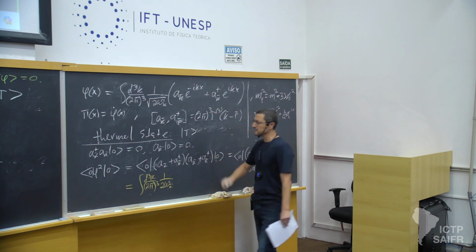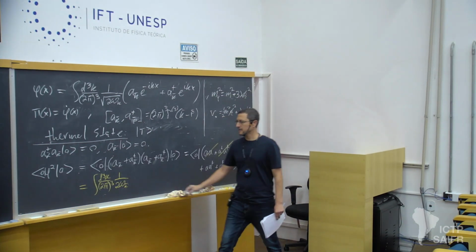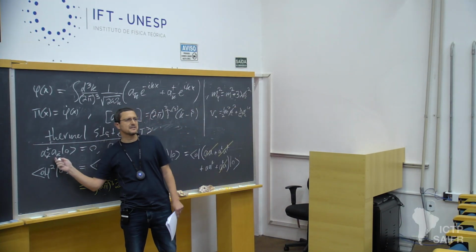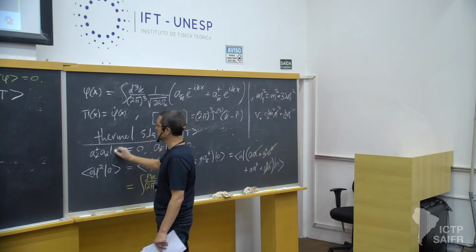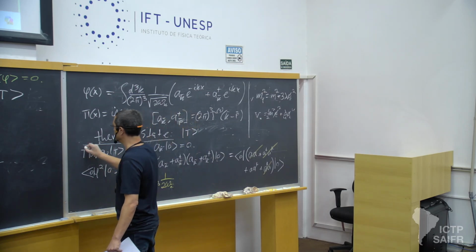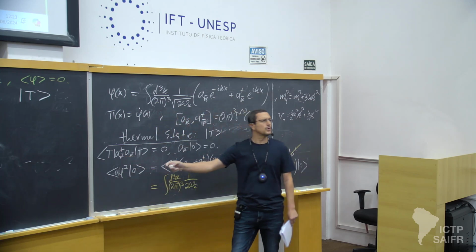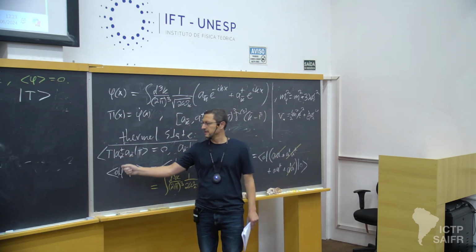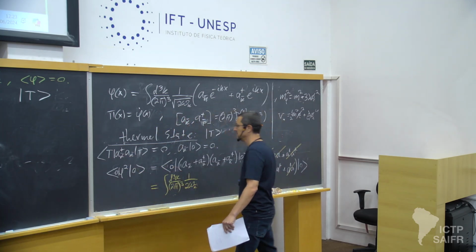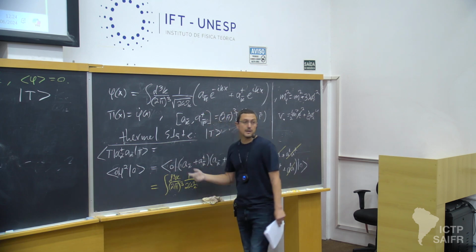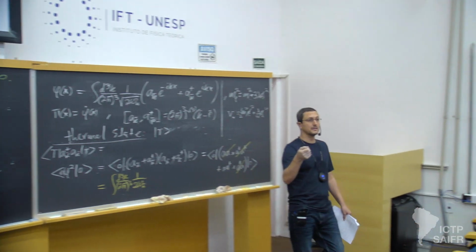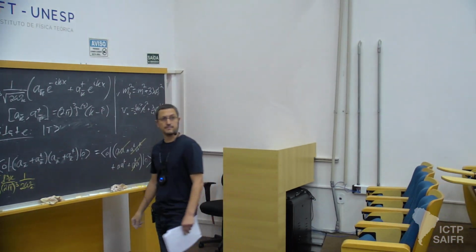What happens under the thermal state? Now, the number operator doesn't give you 0 under the thermal state. More precisely, if I put my thermal state here, then the only difference from the Minkowski state is that A dagger A now needs to give me the number of particles. It's the number operator. It counts the number of particles around momentum k.